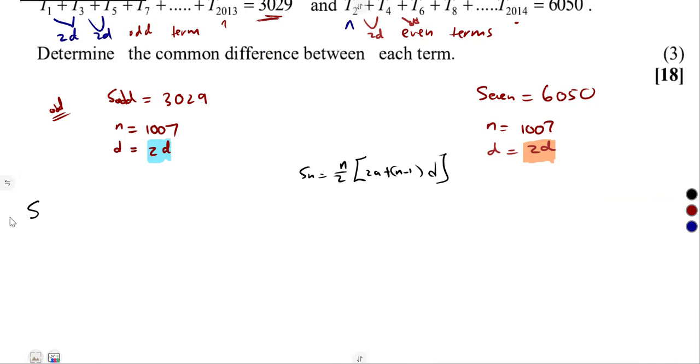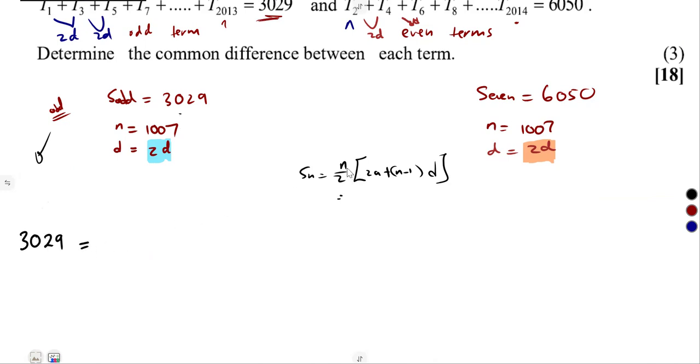So if we are referring to the sum of odd terms, we are saying the sum of odd is 3029. Let me just write it because we already have our formula here. The sum of odd is 3029.